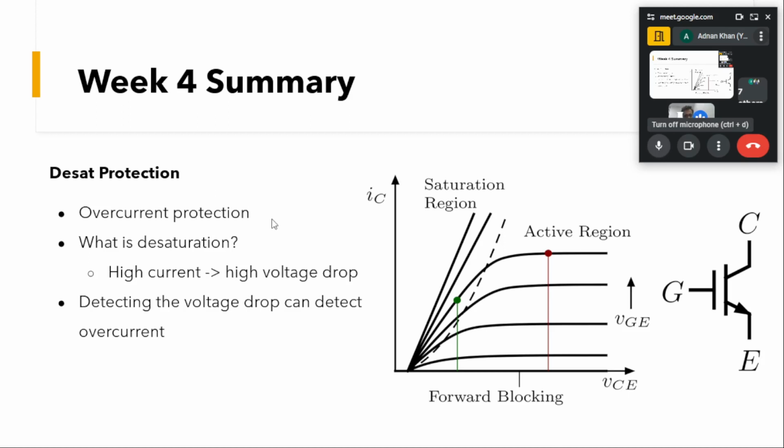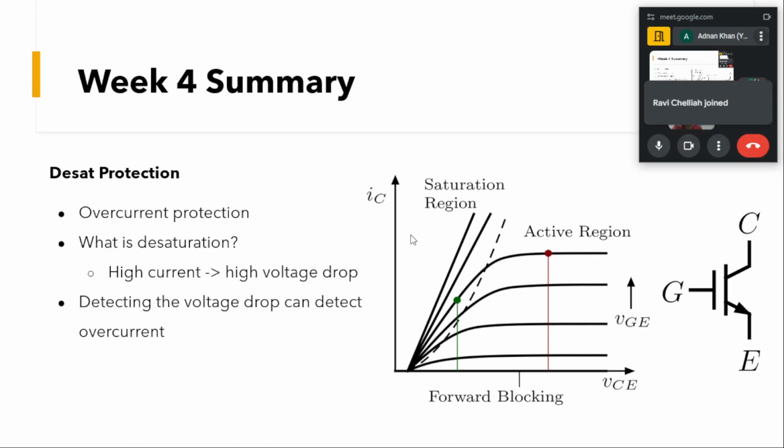And what is this DSAT protection? As I told earlier, let us say we have an operating point here, this green dot. There is some current flowing through this device, and if my current goes from this green dot to this red dot, that means our current has increased for a certain VGE.